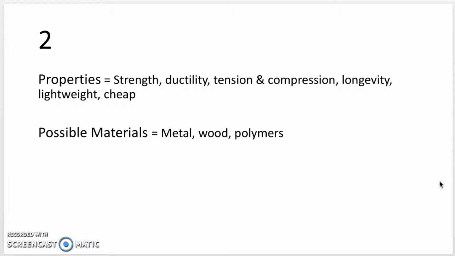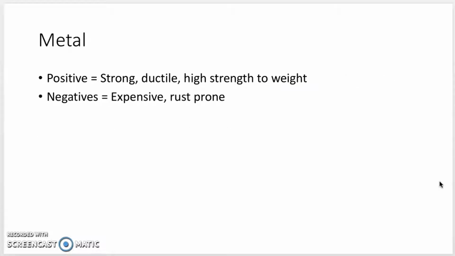So step two, once we've proposed some of those properties, we're going to look at some different materials. In this case, we're going to be looking at metal, wood, and polymers because of their general properties. Let's start with metals. The positives, they're very strong as a class of material.